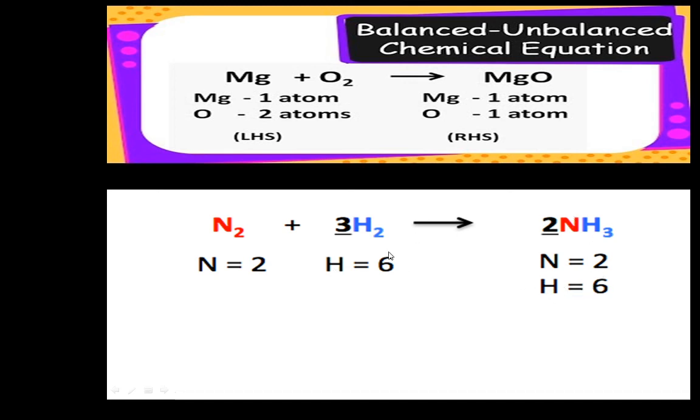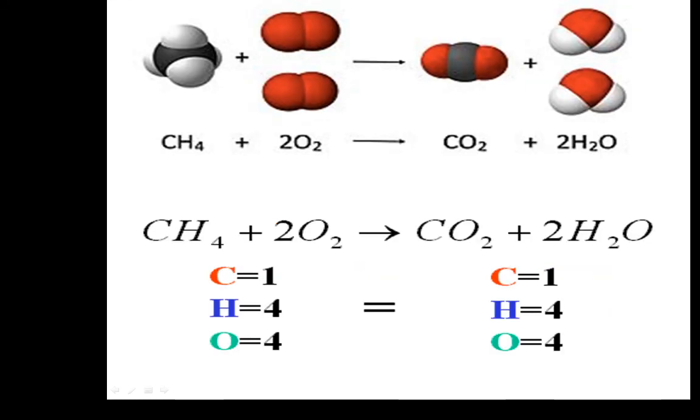So to balance this chemical equation, we have taken 3H2 and 2, then it will become 2NH3. And after that the reaction will be balanced, meaning N2 and H6. Okay, look here, CH4 plus 2O2 gives CO2 plus 2H2O.